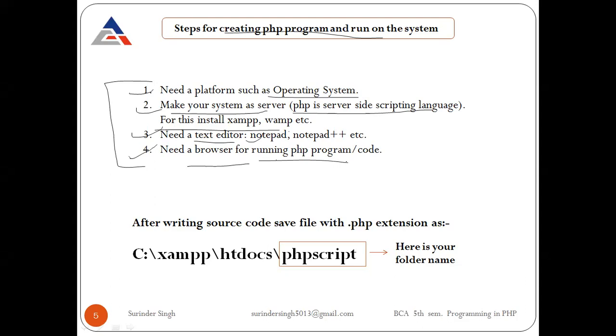Then the server will create a simple HTML file, and the browser will decode that file and display the result to the user. Clear? These are the steps for installing PHP, for installing PHP code.